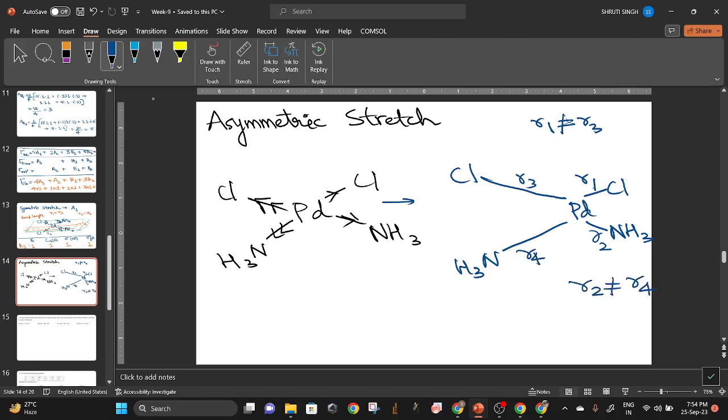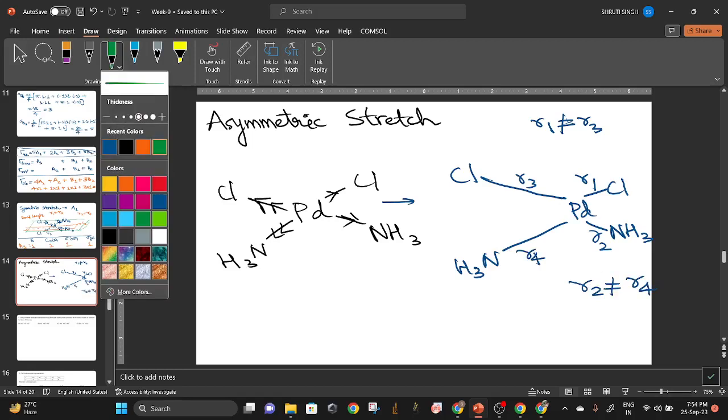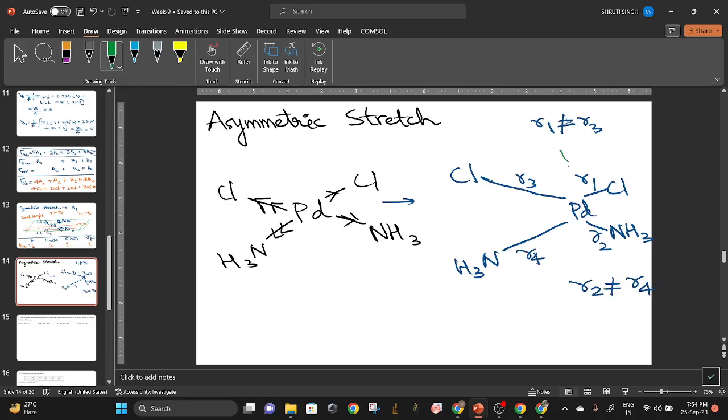Now when you apply C2, I drew the molecule in a rotated manner, so C2 is here now. When you do the C2 operation, this will get flipped.